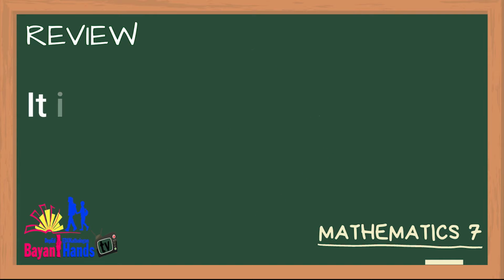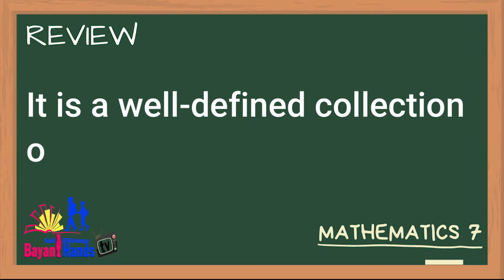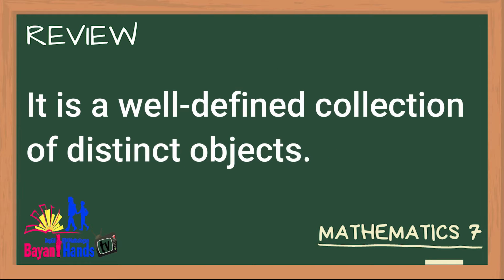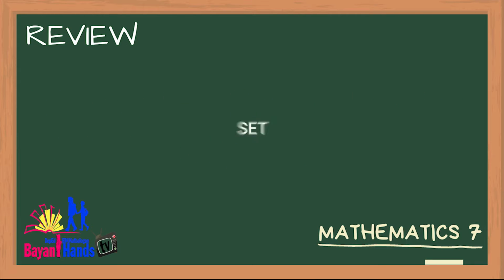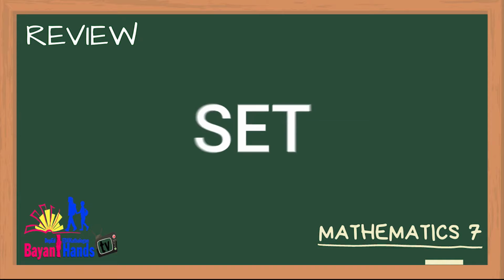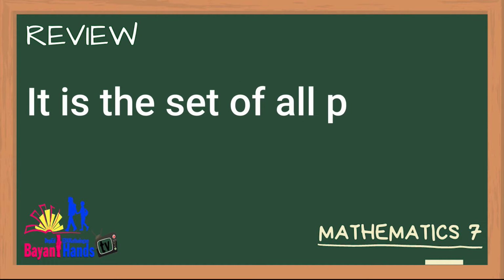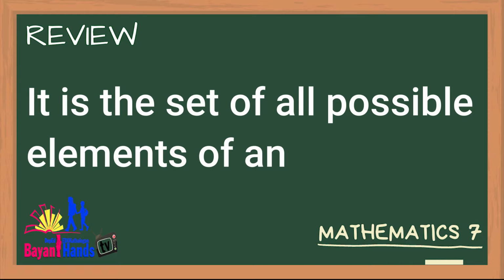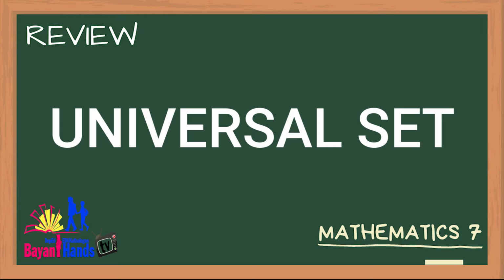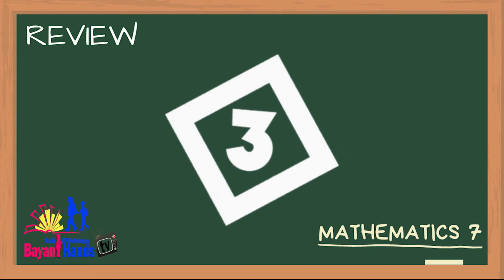Number 1. It is a well-defined collection of distinct objects. Answer: set. Number 2. It is the set of all possible elements of any set. Answer: universal set. Number 3.